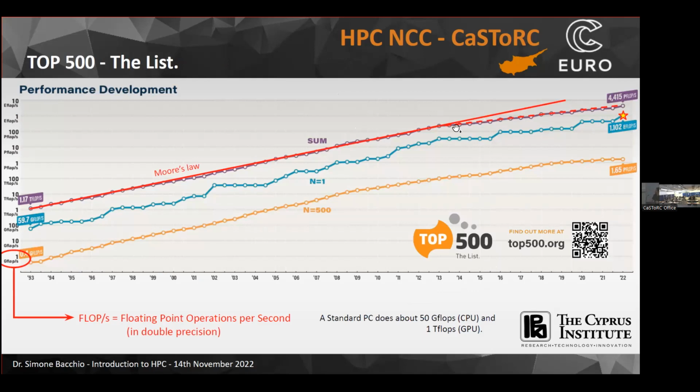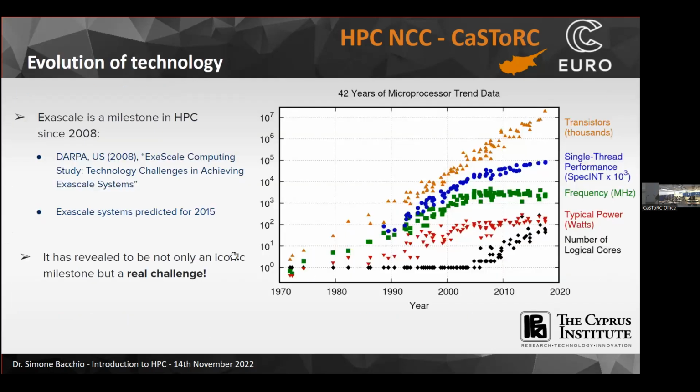But due to the change in performance, this has been very, very hard to achieve. And actually, only finally in 2022, in the last release of this list, we had the first exascale system, and it's something that has been a big challenge to achieve, and it required a lot of improvement in how supercomputers were built.